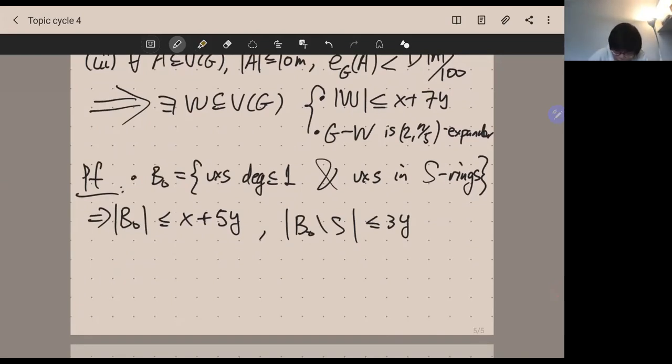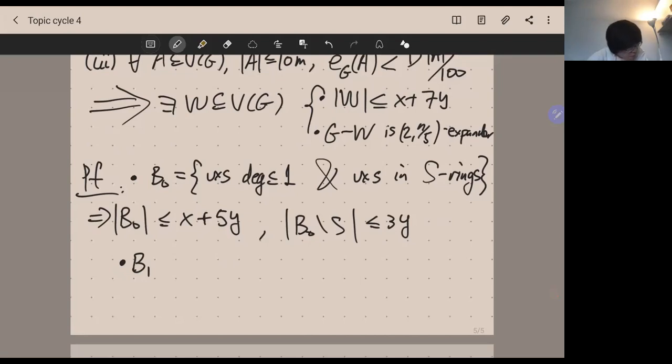Now this is B0. We define B1. This is the further set that we remove to make sure that after removing B0, vertices of large degree before do not become small degree, sort of. Okay?